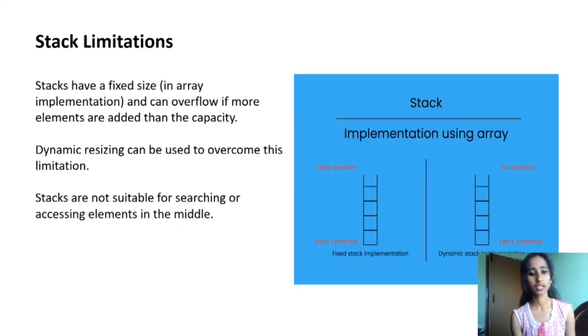If more elements are added than the capacity, there may be a chance of overflow while implementing the stacks. Dynamic resizing can be used to overcome this limitation. Stacks are not suitable for searching or accessing elements in the middle.